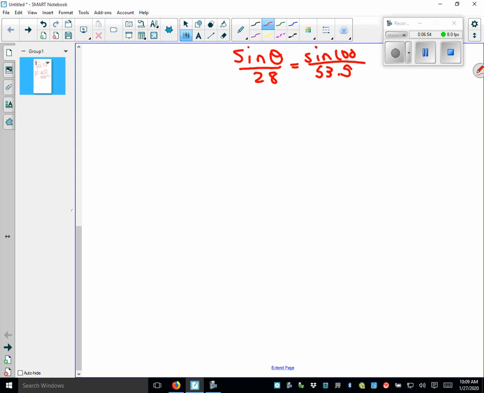An airplane has an airspeed of 525 miles per hour and a heading of 60 degrees. Doesn't that mean this is 60 and this is 525?